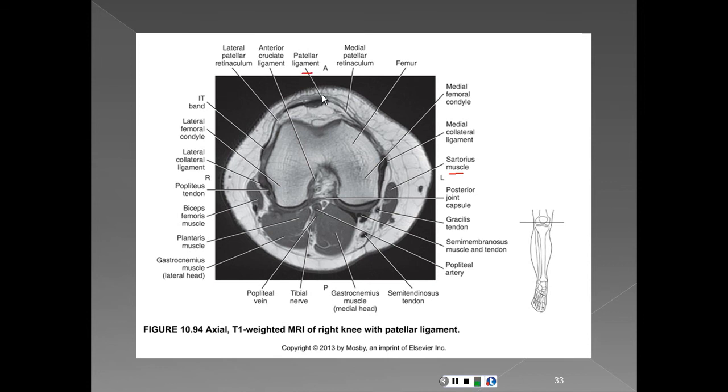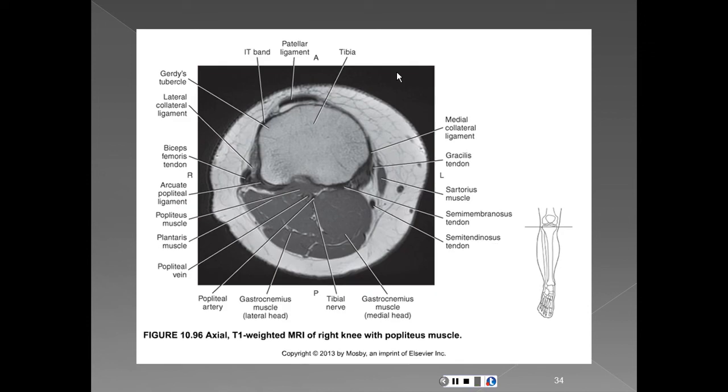So the patellar ligament is going to attach to the inferior aspect of the patella and attach into the tibia. Biceps femoris. And we talked about the rest of these, so you should be pretty familiar with the anatomy on this image also. So now we're down into the tibia.